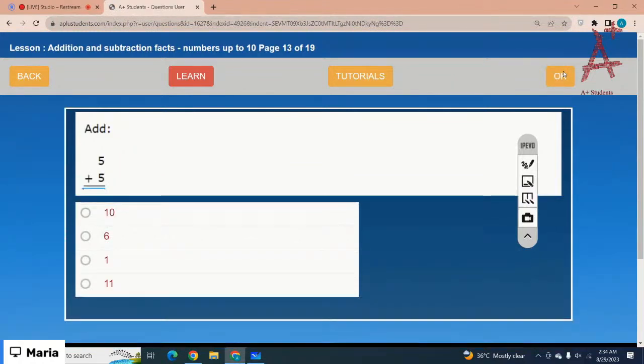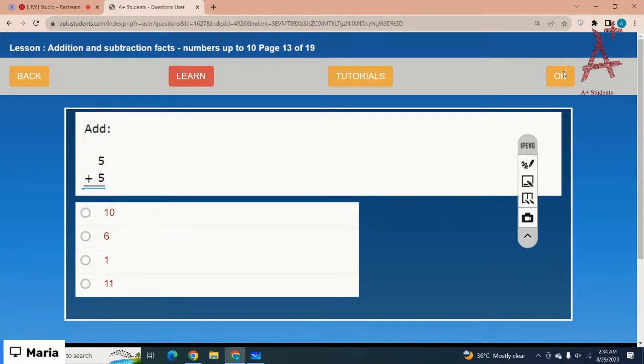The next one is 5 plus 5. You have to add. So which is the correct option? Yes, you have to add them.